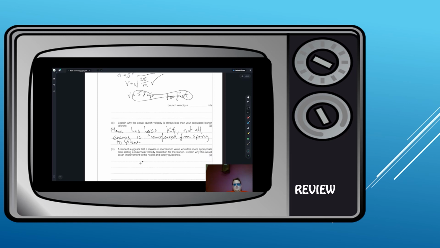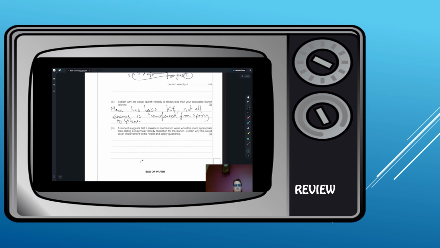Suggests that maximum momentum would be more appropriate than maximum velocity. Explain why this would be an improvement. Well, momentum, p, takes account of mass.